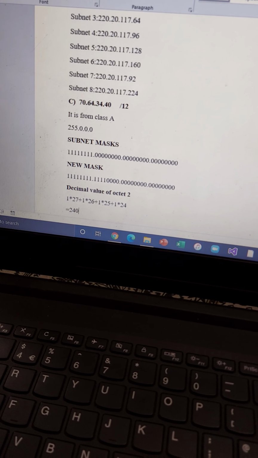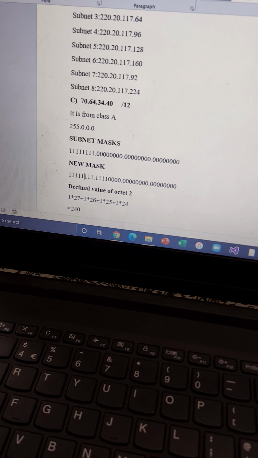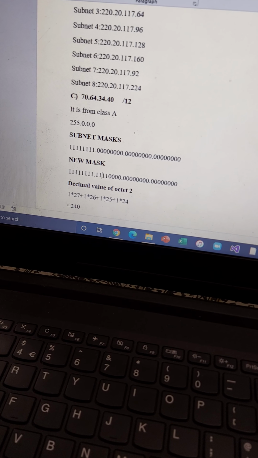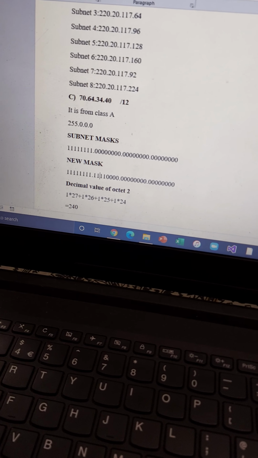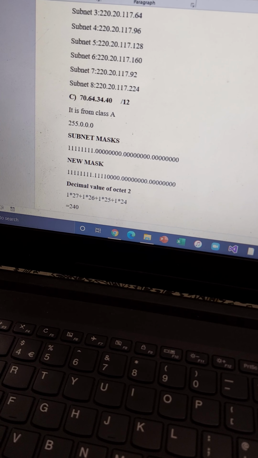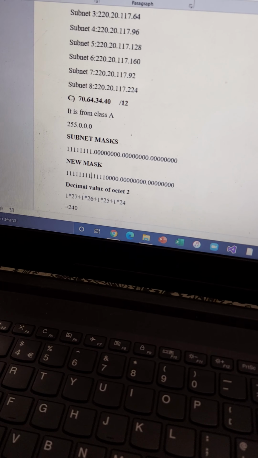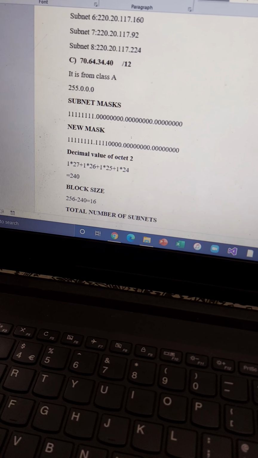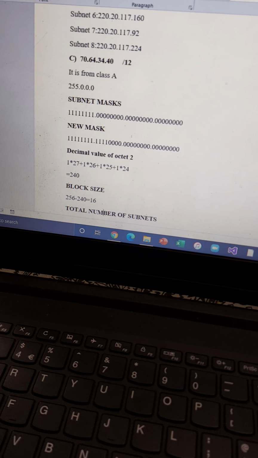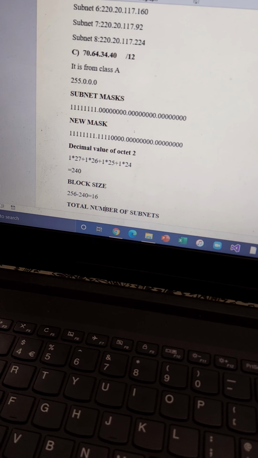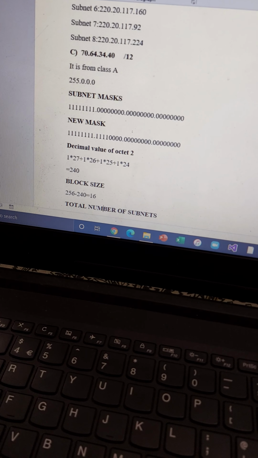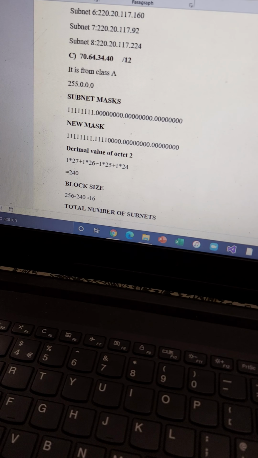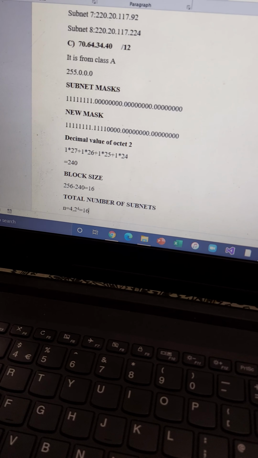Then for calculating the new mask, in the first octet there will be 8 ones, and in the second octet, as class A has 8 bits, we will borrow 4 bits from it, and we will write ones and then write zeros. Then, sir, for the decimal value of octet 2, we will calculate from ascending to descending to ascending, as I have told you.